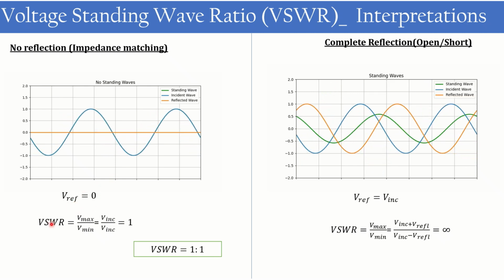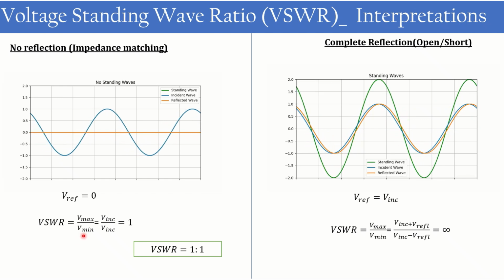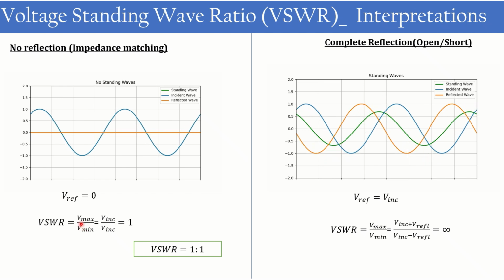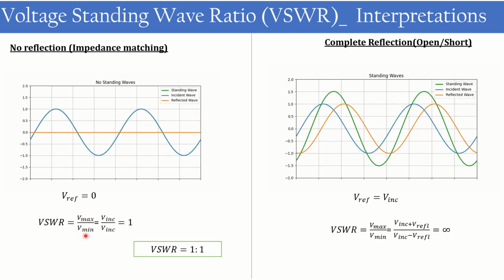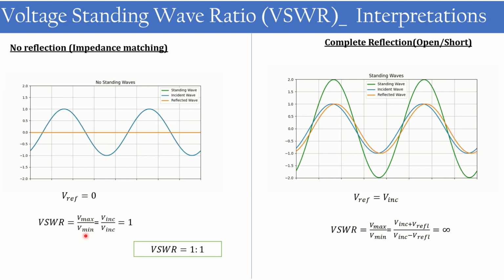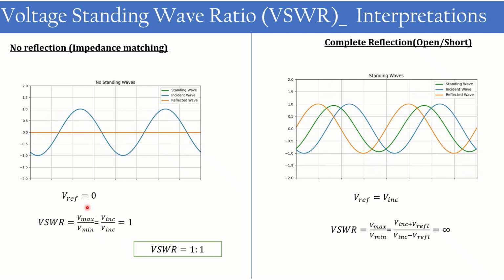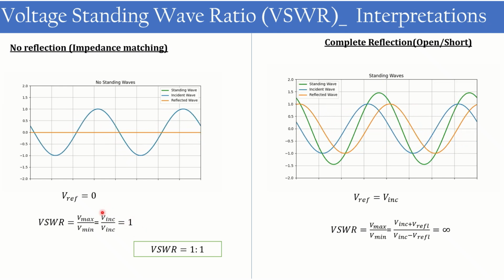So we know that VSWR is V max by V minimum. So we are actually measuring the voltage maximum and voltage minimum in the cable. So we know that V maximum is V incident plus V reflected, and V minimum is V incident minus V reflected. As the V reflected is equal to 0, this will become 1.